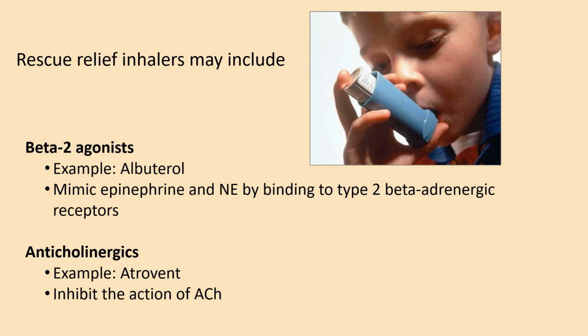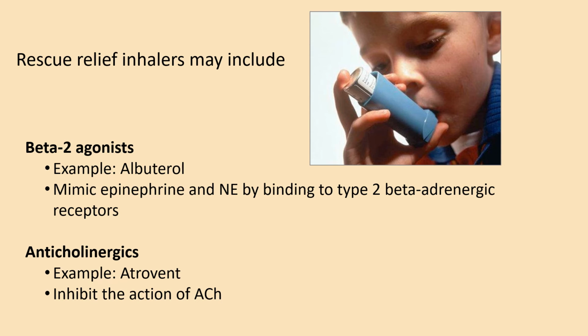So these beta-2 agonists act like epinephrine and norepinephrine, and they induce bronchodilation, just the way the sympathetic nervous system would cause bronchodilation. The other type of rescue relief inhaler might be an anticholinergic.